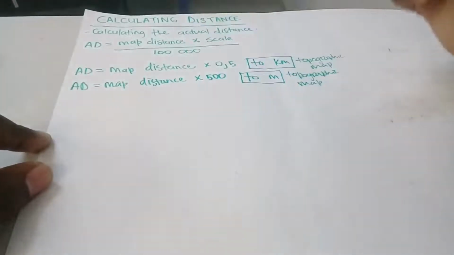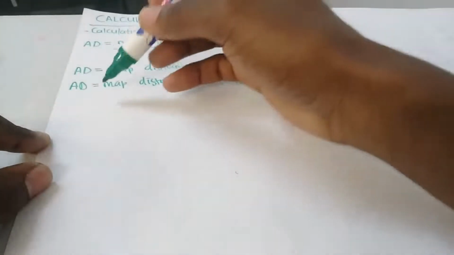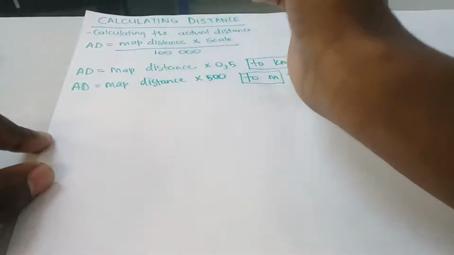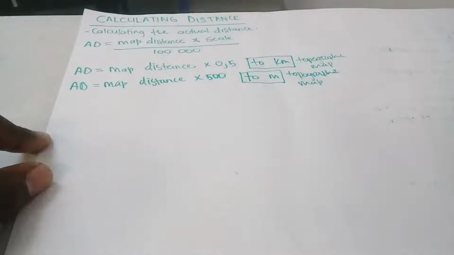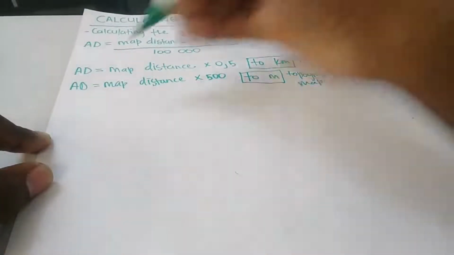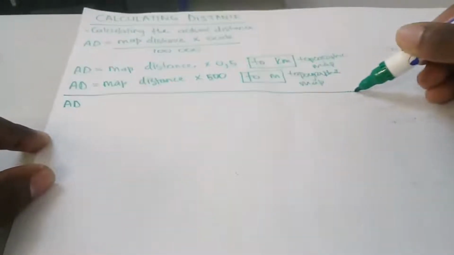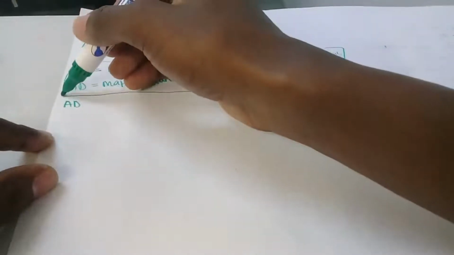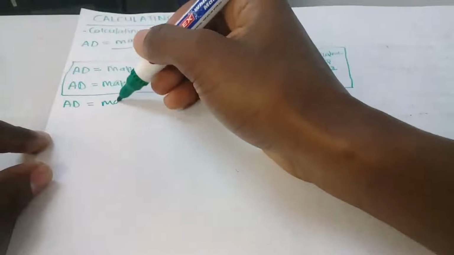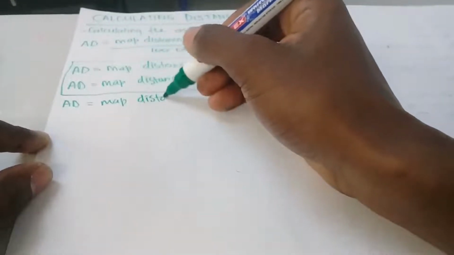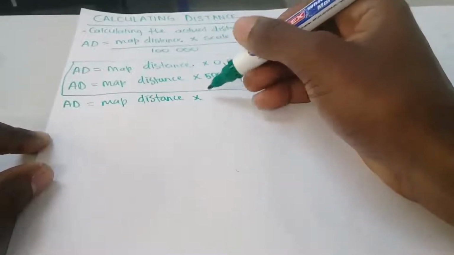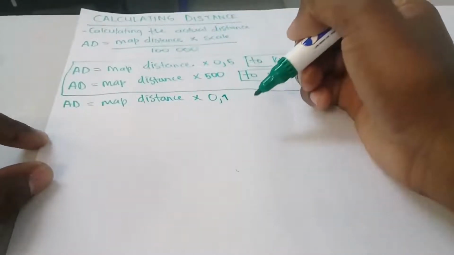Now if you are using your orthophoto map, so your actual distance in the orthophoto map, whereas this was topographic map, we are going to say your map distance multiplied by 0.1, because the 10,000 centimeters, which is the scale, you convert it to kilometers.